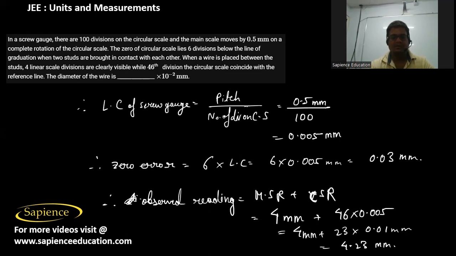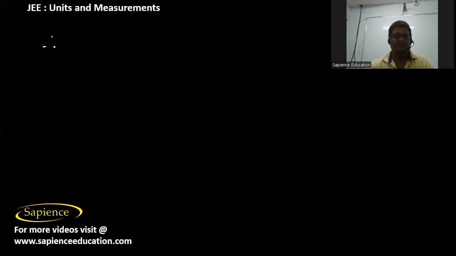Now the zero error is 0.03 millimeter. So the actual reading, that is the diameter of the wire, will be equal to the observed reading minus the zero error.